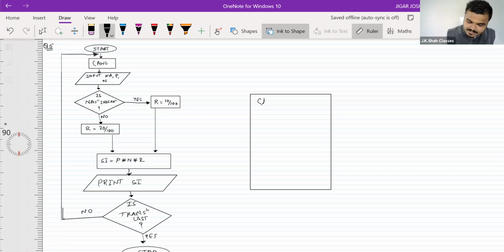Index: CAWL, clear all working location, and A is nationality, P is principal amount, N is number of years, R is rate of interest, SI is simple interest.